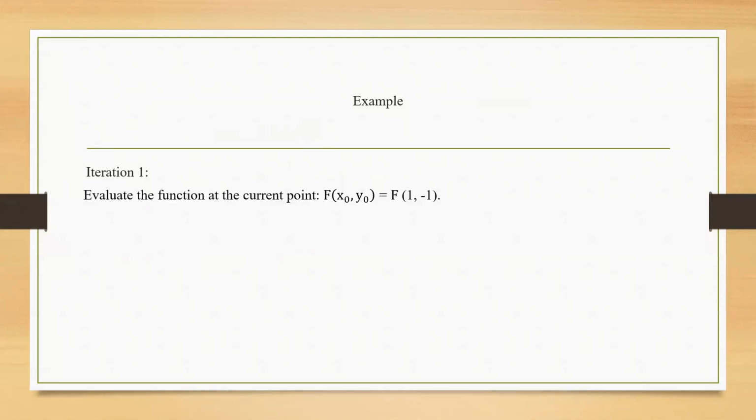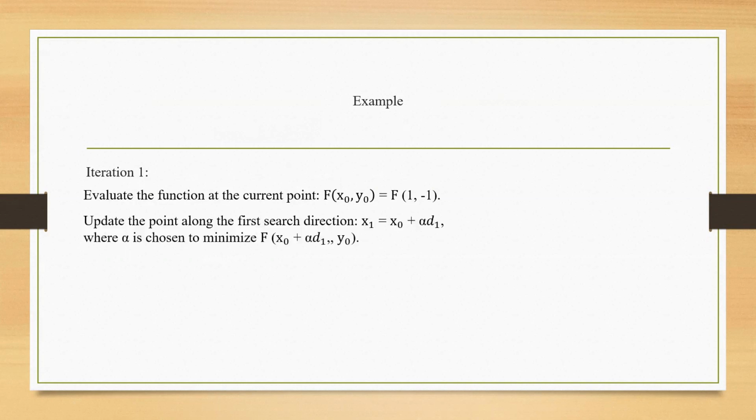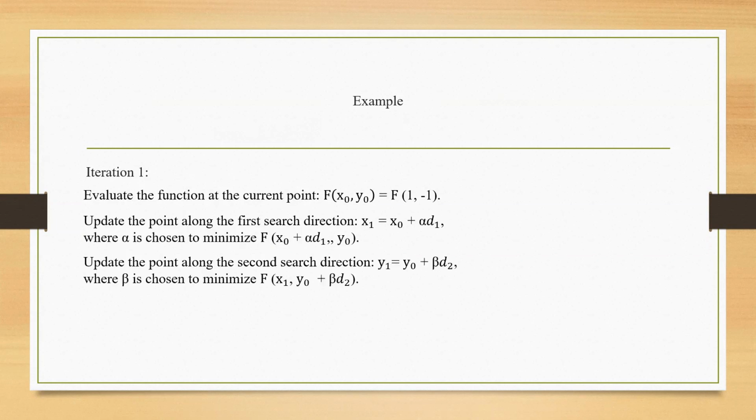Iteration 1. Evaluate the function at the current point f(x0, y0). Update the point along the first direction, x1 equal to x0 plus alpha d1, where alpha is chosen to minimize f(x0 plus alpha d1, y0).